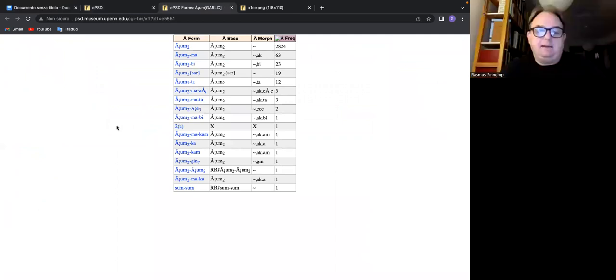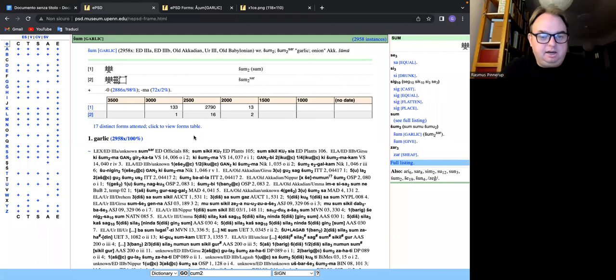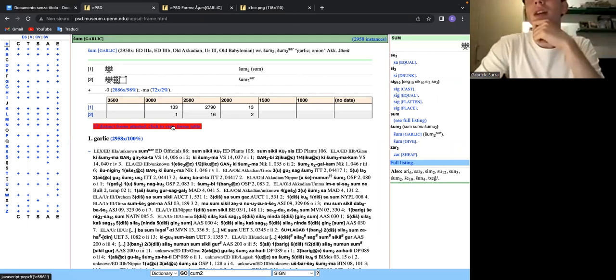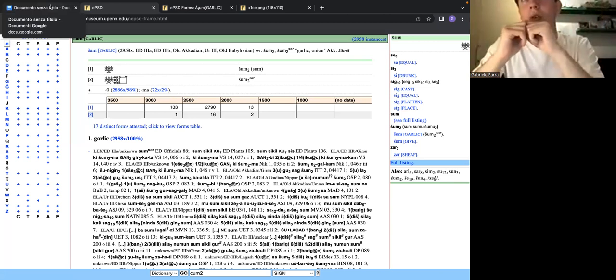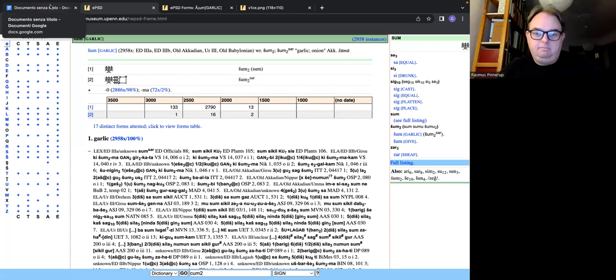Gabriele, could you just explain what you're doing there? Because I find the EPSD very difficult to use. You click this, 17 distinct forms, and then it shows. When you find a word, but it's conjugated, so it includes some morphemes, it's not just a bare word.